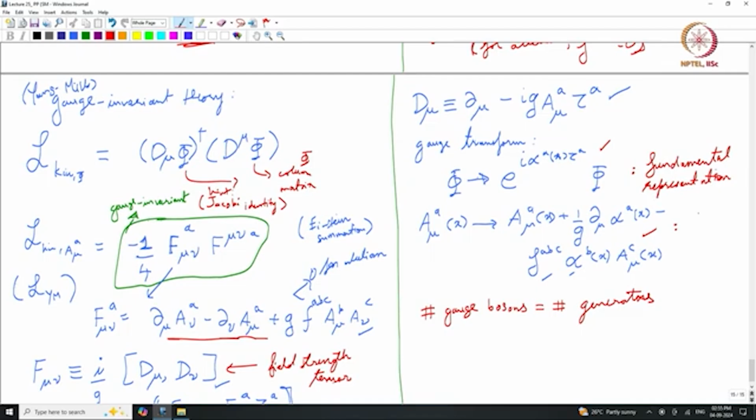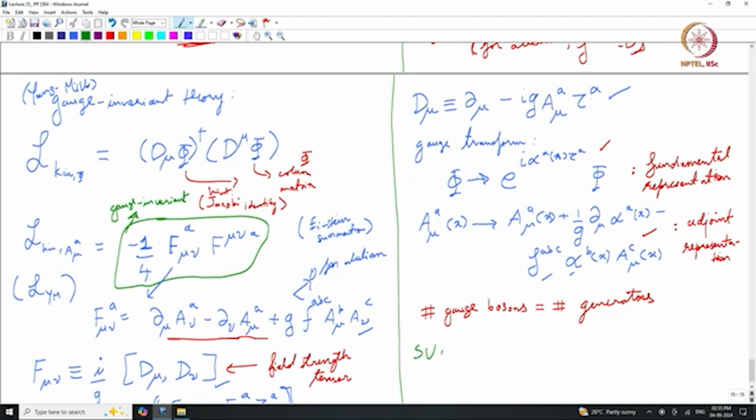So this is what we call the adjoint representation. The A fields live in a whole other representation of the group, and that is why they transform under the gauge in this unusual way.